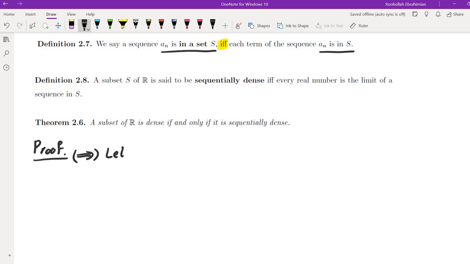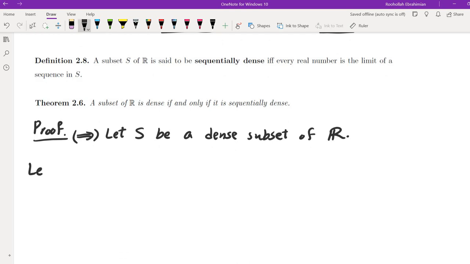Let S be a dense subset of R. Looking at the definition of sequentially dense, what I need to do is show that if I take any arbitrary real number, then I can find a sequence in S that approaches that real number. So let r be in R. What I'm looking for is a sequence s_n in S, and I'm going to do the scratch work on the right, that s_n approaches r. So this is the objective.